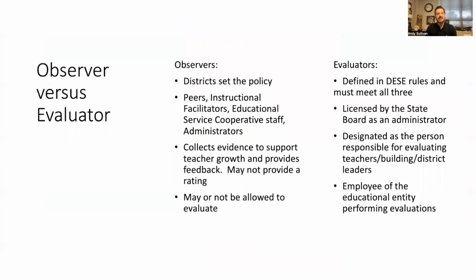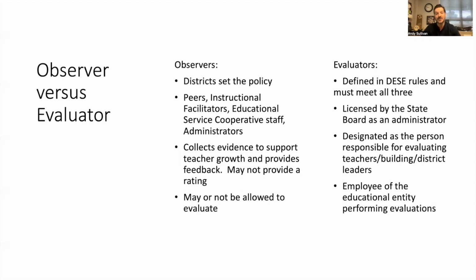This slide simply is here to remind you that there is a difference between what you might call an observer versus an evaluator. We will use observers today a lot, but when it comes to evaluations, those on summatives, there are requirements. So I wanted to go over the requirements on the right-hand side. If you are in the Educator Effectiveness System and you are providing ratings based on observations or evidence, there are three parts that you must meet.